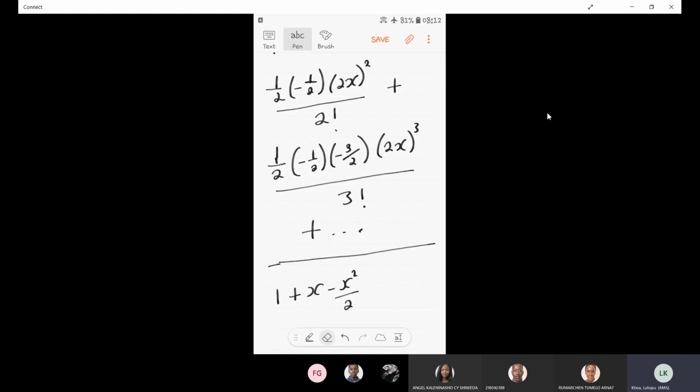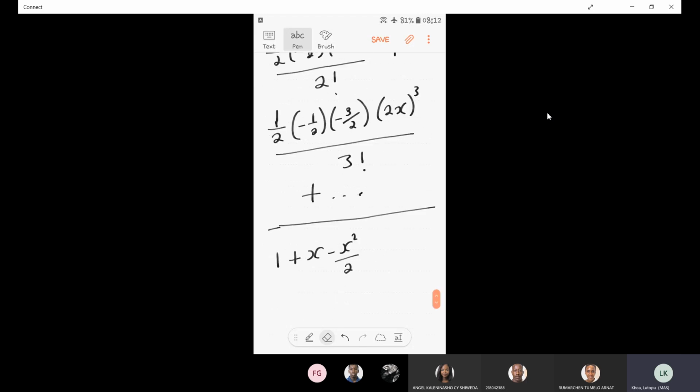And then I'll be left with 2 in the denominator. And this is positive because I have negative and negative. So my answer should be positive. This is positive x to the power of 3 over 2. And then you continue in that manner.